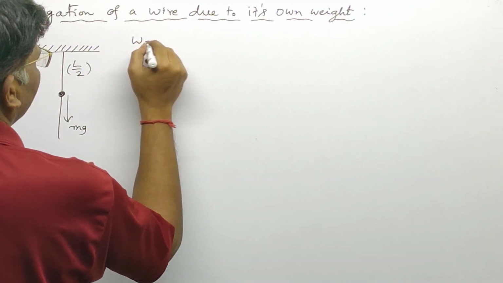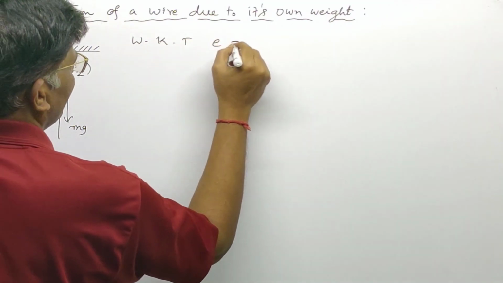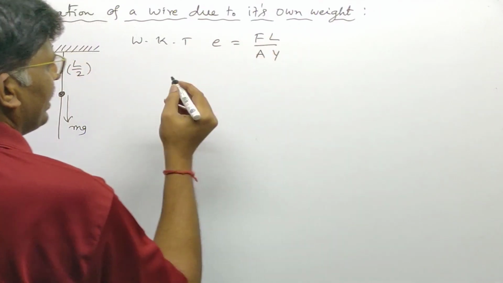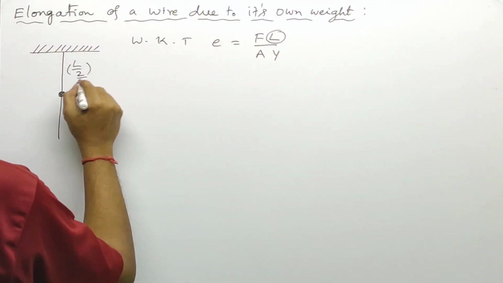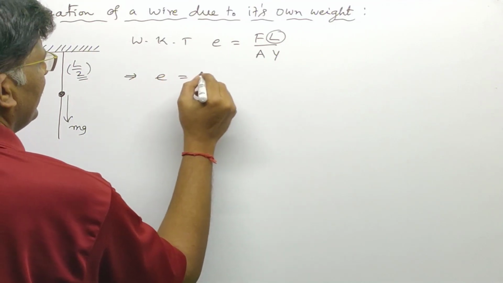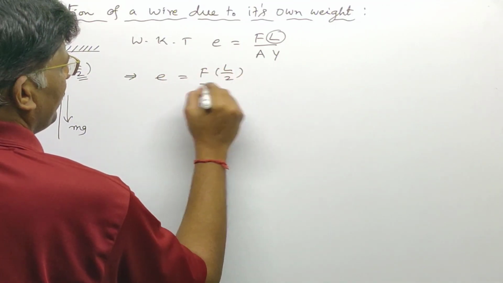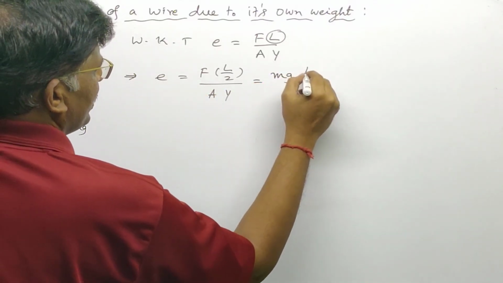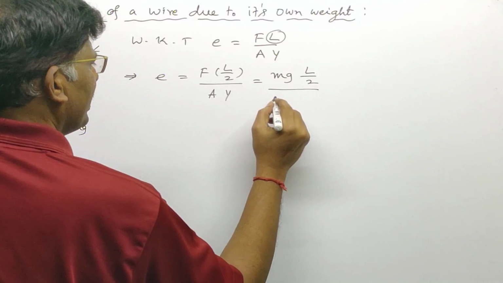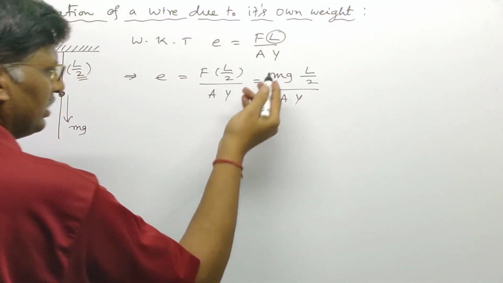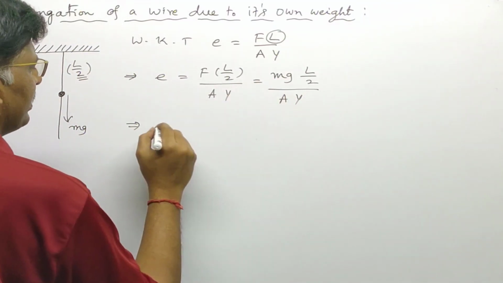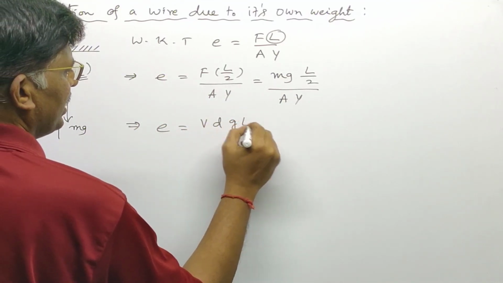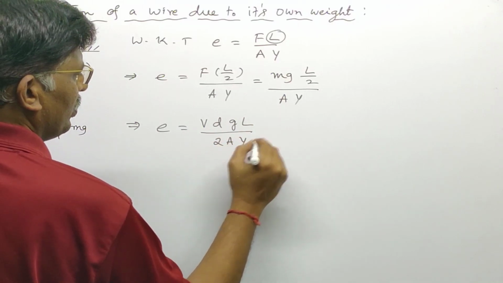We know the general formula for elongation: E is equal to F into L by A into Y. But here L is equal to L by 2, so E can be written as F into L by 2 divided by A into Y. But F is equal to mg, so E is mg L by 2 divided by A into Y. Mass of the wire can be written as volume into density, so it is volume into density into g L divided by 2AY.